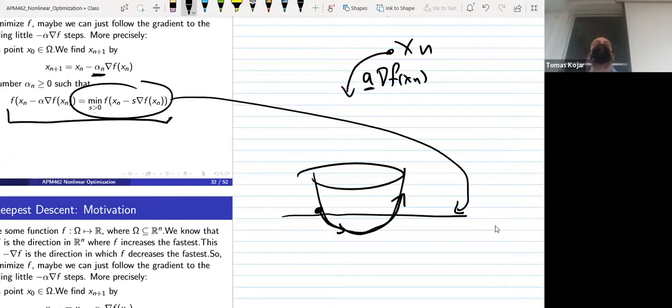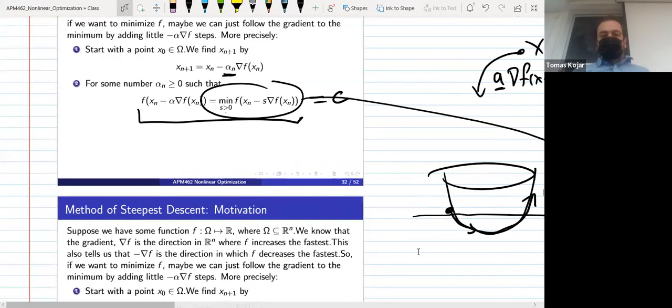So you have to stay below that line. That's what it means to overshoot. Call this value C, and you don't want to jump above this value C. So that's how you pick alpha.